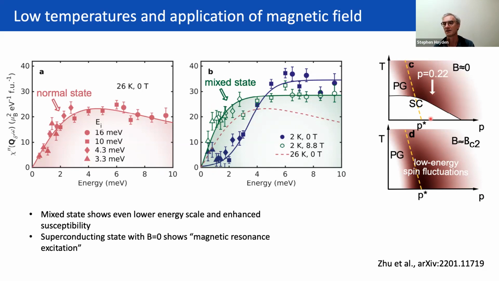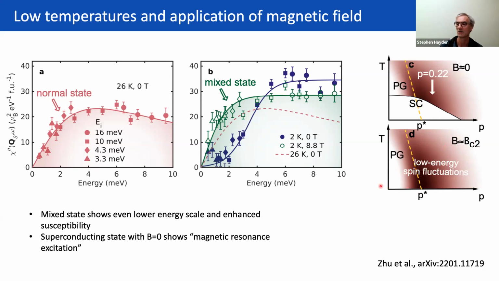If we drop down in temperature, they're suppressed by the superconductivity. And then if we put a field on, we bring back the fluctuations, maybe even more than we had before. I've made the ideal case where we put enough field to go back into the normal state, and then we would get more spin fluctuations. So this is the basic picture.